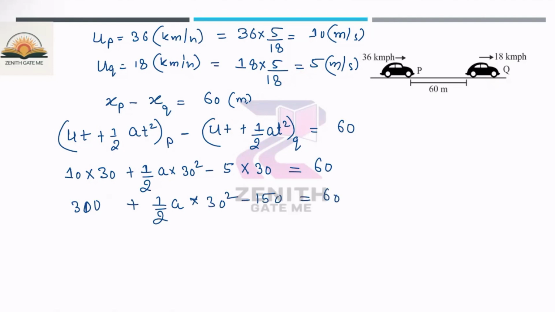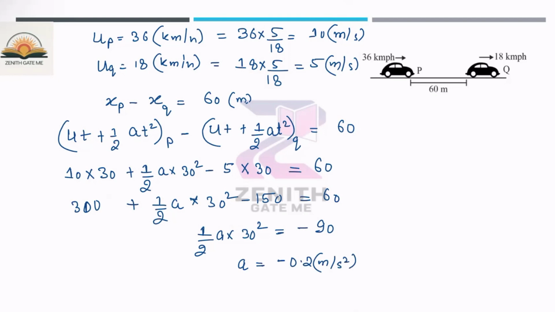This is 60. So from here if you solve, you will get the acceleration value. So this value is 150 minus 60. This is minus 90. Okay. Now the acceleration value you will get as minus 0.2 meter per second square.